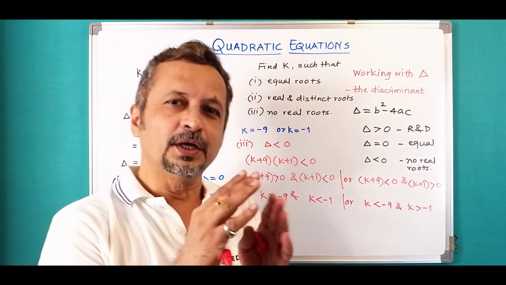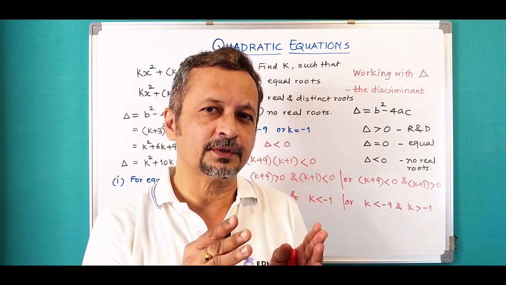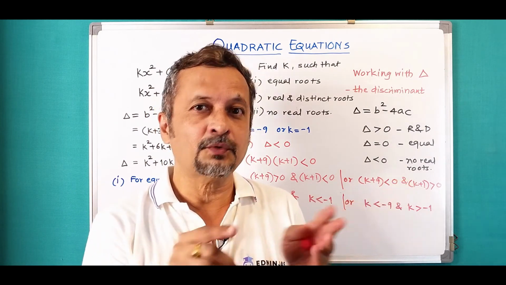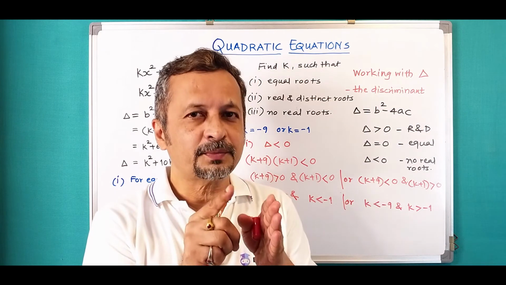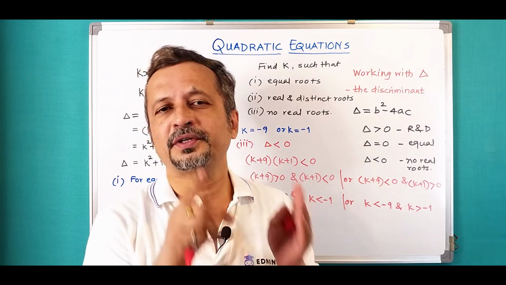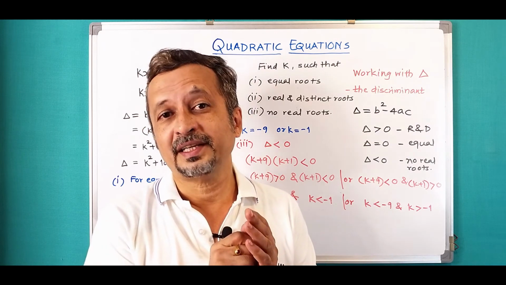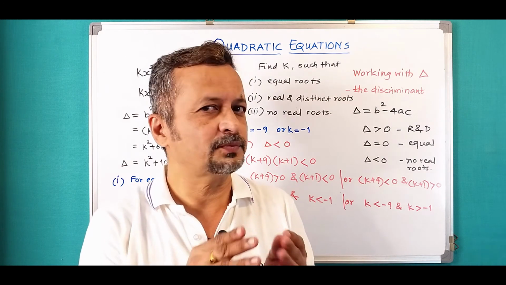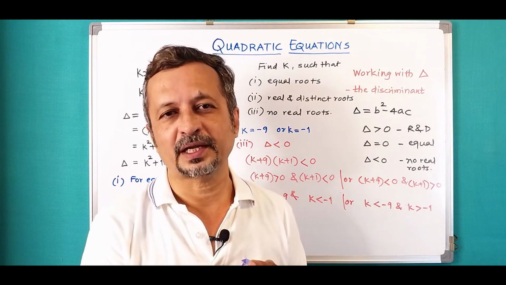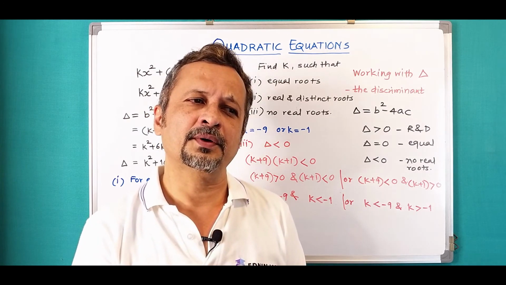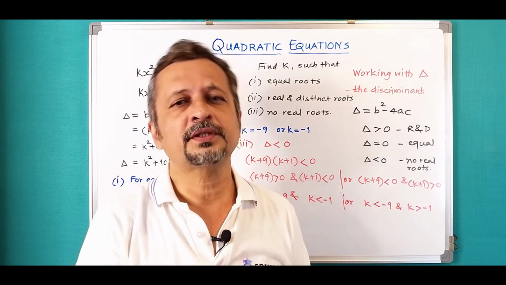Okay, so now here you have to figure out on the number line what are the possible values that k can take, so that you get your discriminant less than 0 and you get no real roots. So you can plot that on the number line, right? So that's what working with the discriminant is.